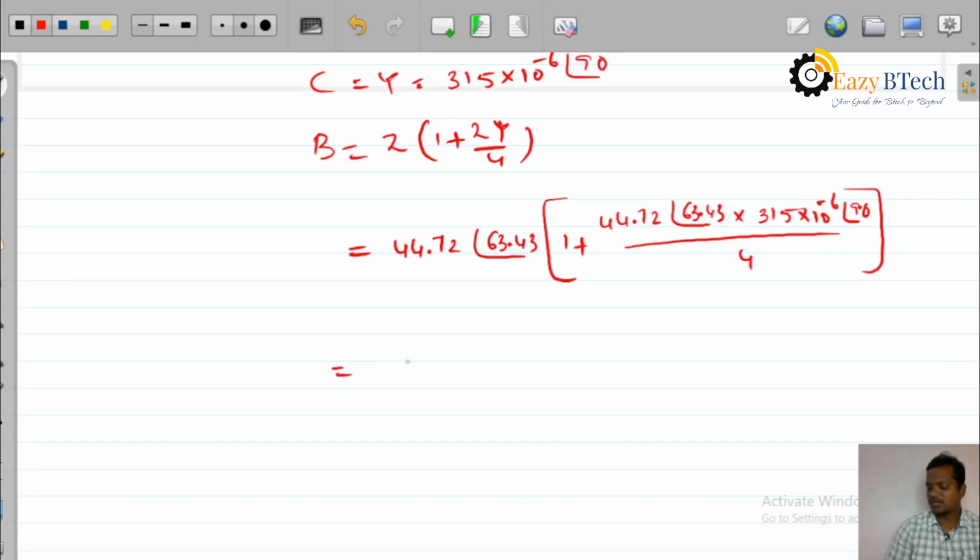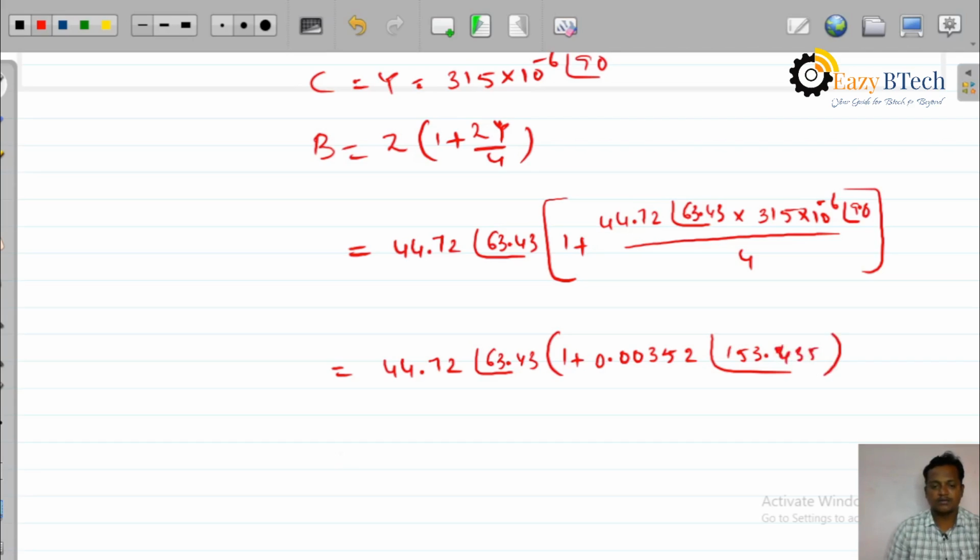Therefore we get B as 44.72 at an angle 63.43 into 1 plus 0.00352 at an angle 153.435. After adding this, we get 44.579 at an angle 63.521. This is the value for B.